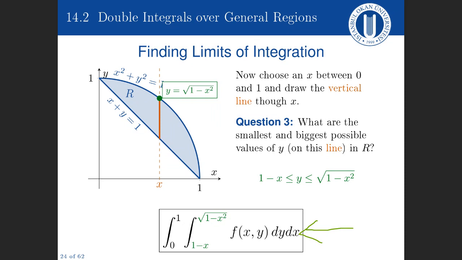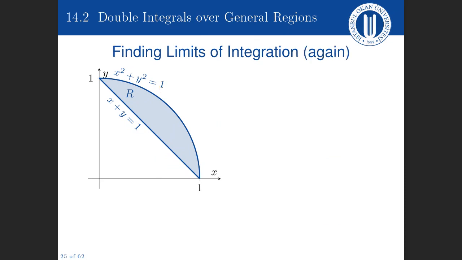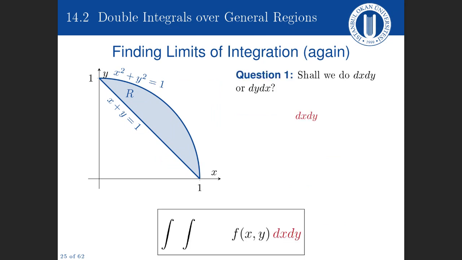Let's do this again. Let's now do it with dx dy. So question 1, shall we do dx dy or dy dx? Let's do the integral with dx dy in. Always start with the outside variable, start with the y.